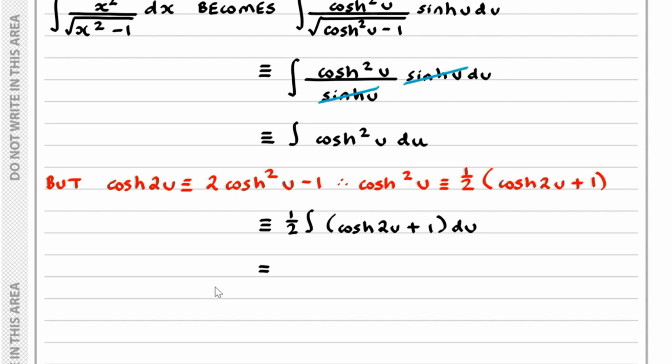And so if I integrate, we have 1/2, and then we're multiplying this by hyperbolic cosine of 2u, that's 1/2 times by hyperbolic sine of 2u, and then we add on the integral of 1, which is u, and then we add on some constant k.